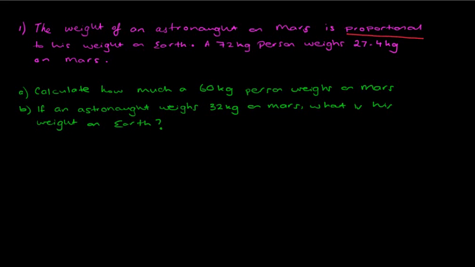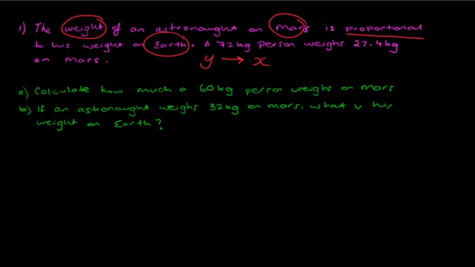Before we even get to the questions, there's a couple of things I will note. First of all, it says the weight on Mars is proportional to the weight on Earth. So Mars is important and Earth is important as well. So often what I write down is this: y varies or is proportional to x.